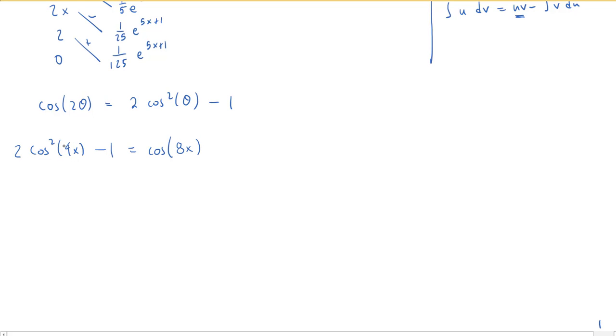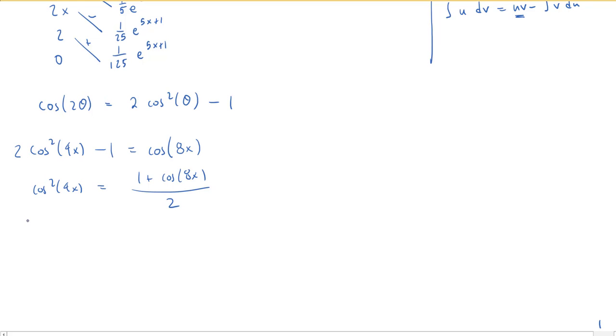Okay, well, we want to find an antiderivative for cosine squared of 4x, so let's solve for that. So cosine squared of 4x, how would we solve for it? Well, first we would add 1 to both sides, and then we would divide by 2. So this would be 1 plus the cosine of 8x, and then we would divide everything by 2.